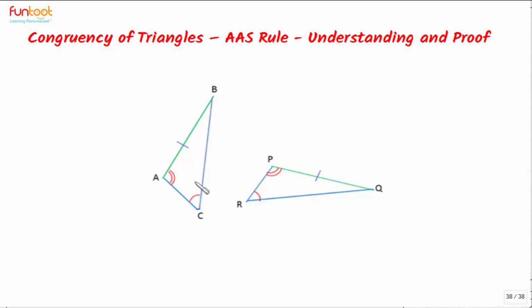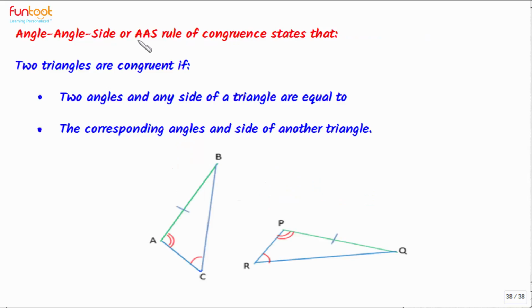Here we can see that the given equal pair of sides is not the included side. Therefore, we have to look for another rule of congruence, that is AAS rule. Angle Angle Side, or AAS rule of congruency, states that two triangles are congruent if two angles and any side of a triangle are equal to the corresponding angles and side of another triangle.